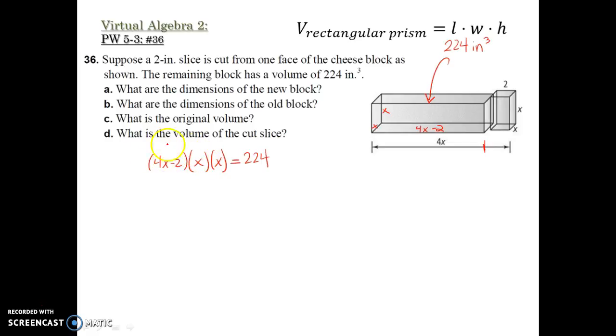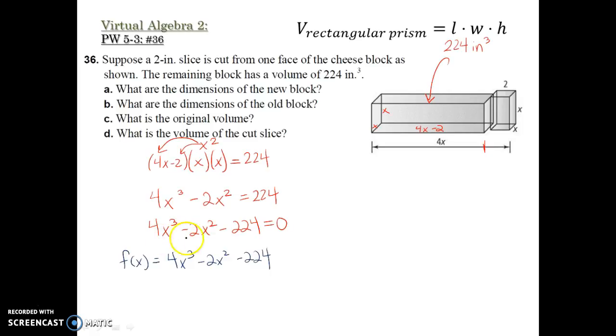Alright, so I'm going to multiply this. x times x is x squared, and if I distribute that through these parentheses, I get 4x cubed minus 2x squared equals 224. Then subtract 224 off of each side, and I get 4x cubed minus 2x squared minus 224 equals 0.